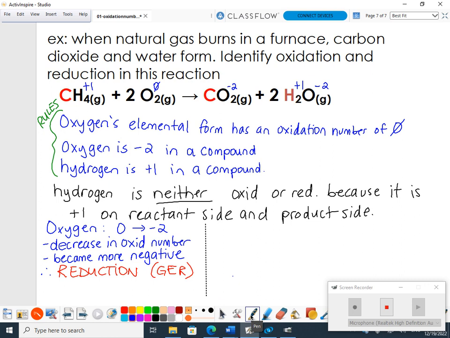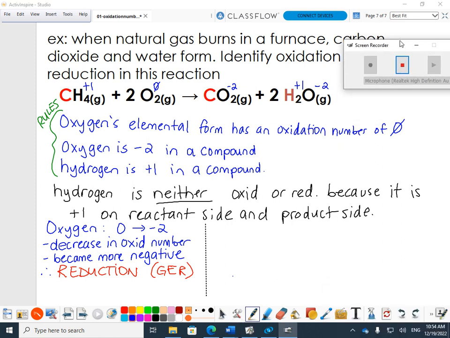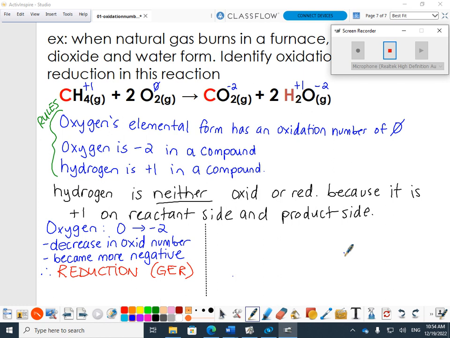In this situation, you can decide how much room you have left, because technically we just solved for carbon in CH4. It was -4, or you can write it out again. We did not solve for carbon in carbon dioxide, so I'm going to write that first.